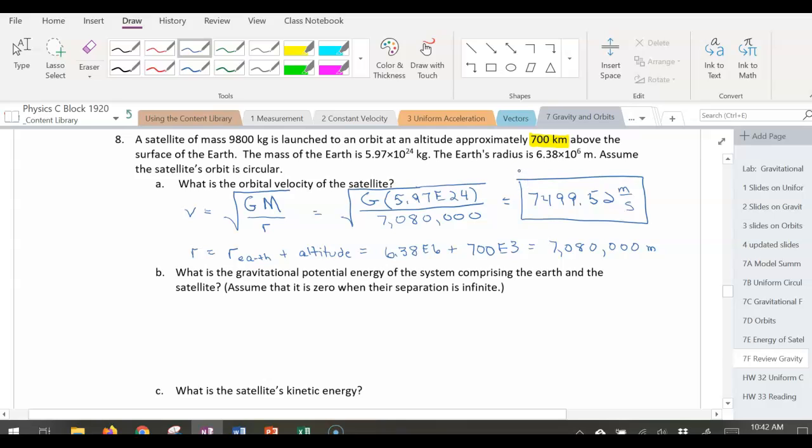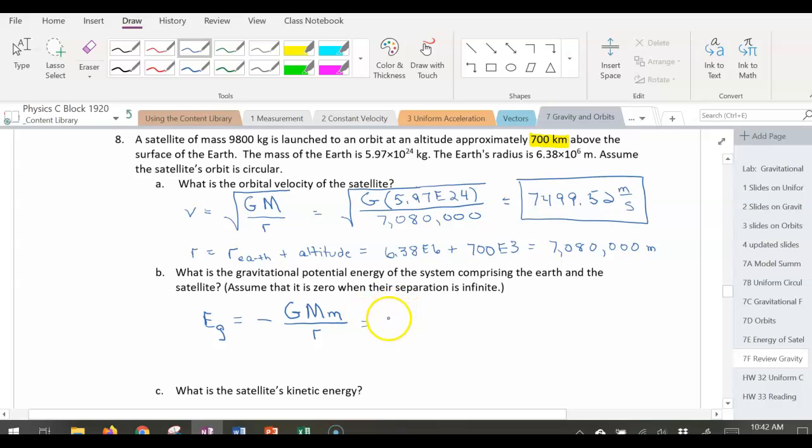Then it asks for the gravitational potential energy of the system. So that's E sub g. The gravitational potential energy of a satellite is always negative, so I know there's a negative in this formula. It equals the universal gravitational constant times the product of the masses divided by the orbital radius.